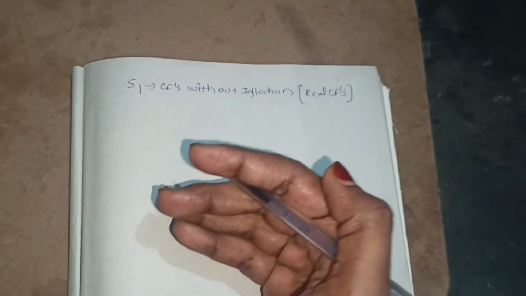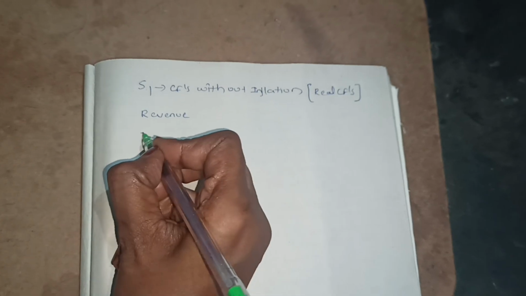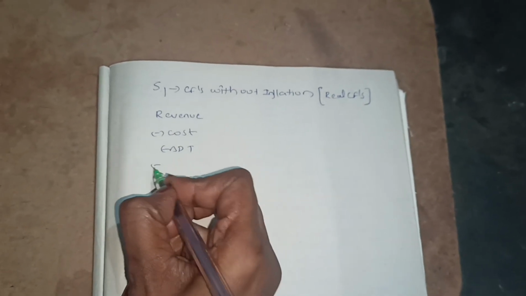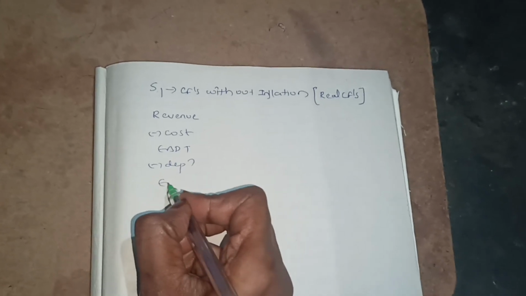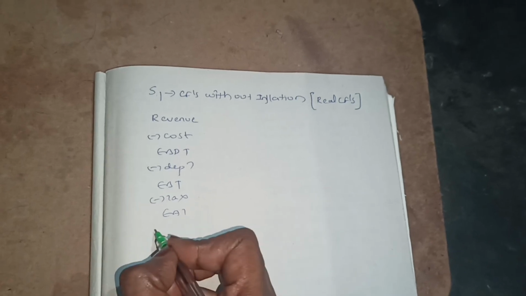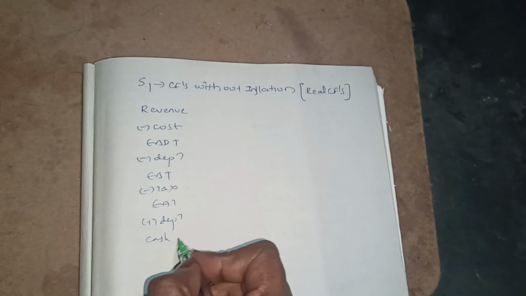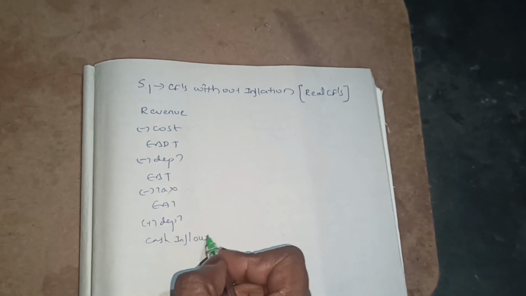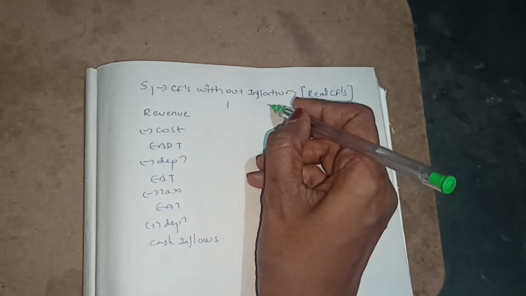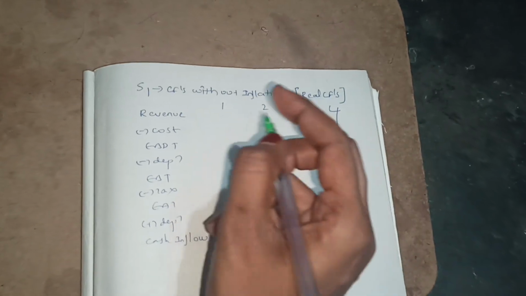For calculating cash flows, there is one format: revenue minus cost, EBDT, minus depreciation, EBT, minus tax, EAT, and when we add back depreciation, we will be getting cash inflows. In the question, they gave us 4 years and revenue of each year.